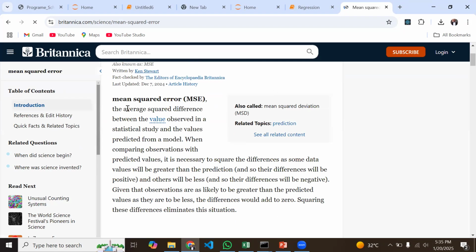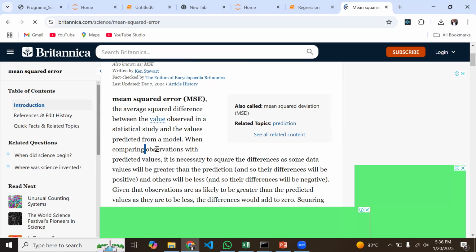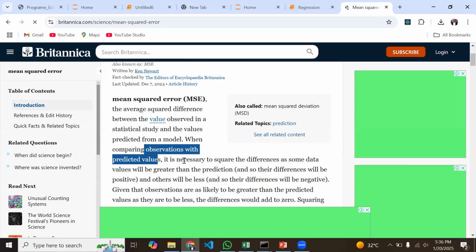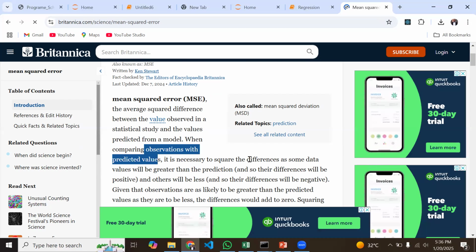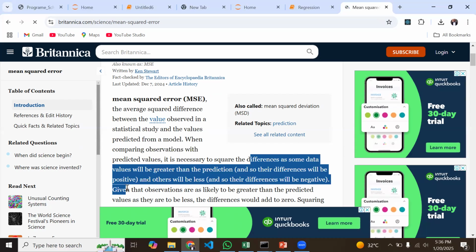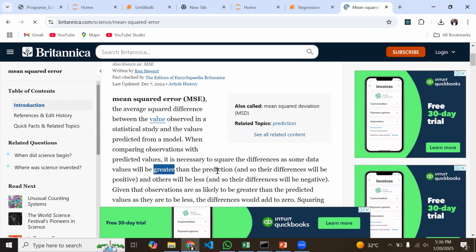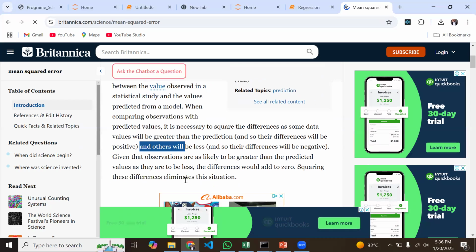Now we get to see that, of course, we know that it is the average difference between the value observed in a statistical study and the value that was predicted. And that's what we said over and over again, the variance between them. Now, when comparing observations with predicted values, it is necessary to square the difference, as some data values will be greater than the prediction, so that their difference will be positive, and it goes on and on.